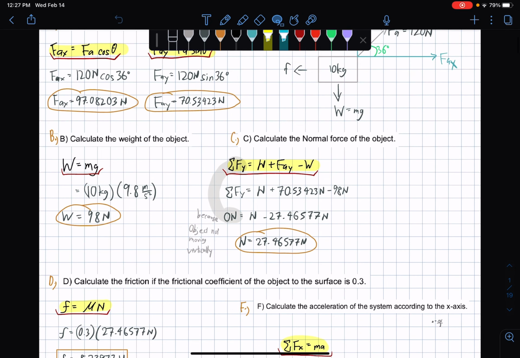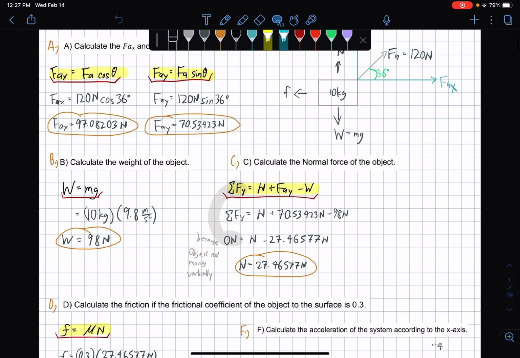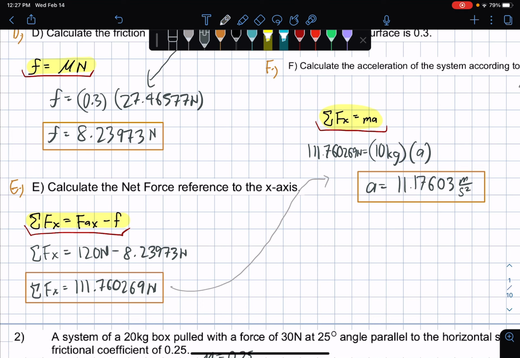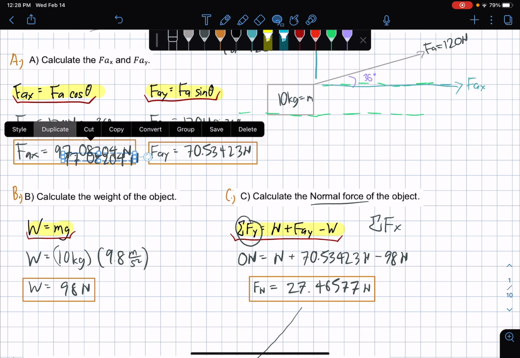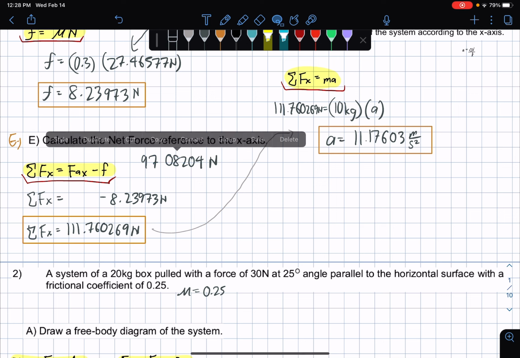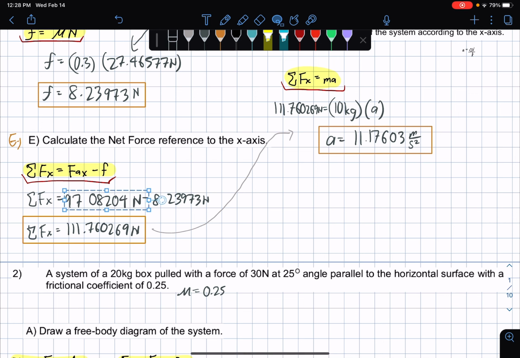Where did FAX come from? Oh, okay. Never mind. Please disregard what I said. FA is not equal to FAX. So, what value did we find earlier about FAX? It's this one. So we just subtract these two values. 97.08204 minus 8.23973.